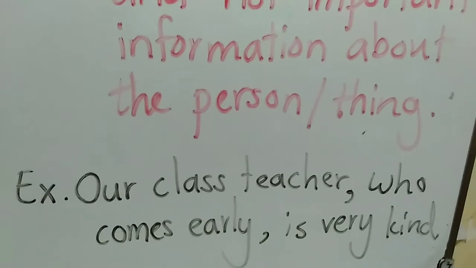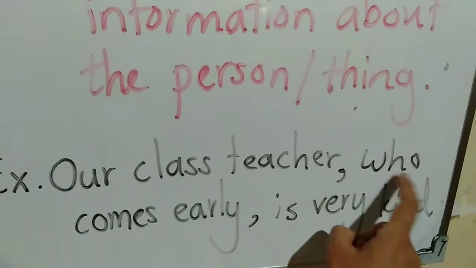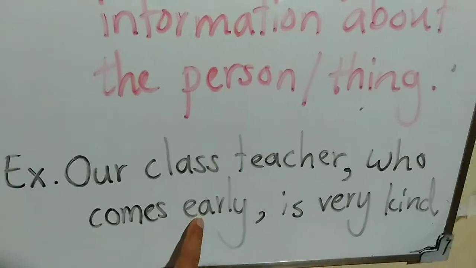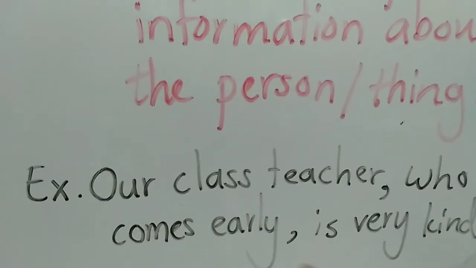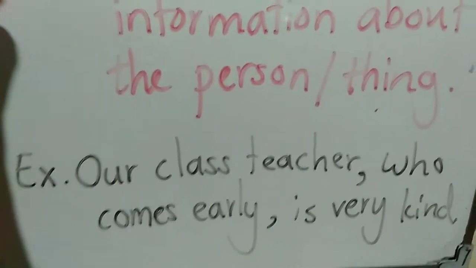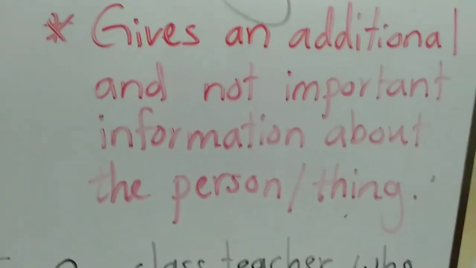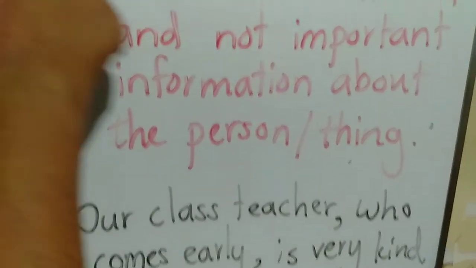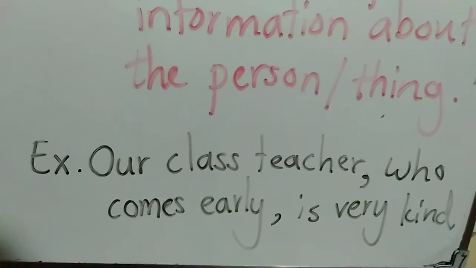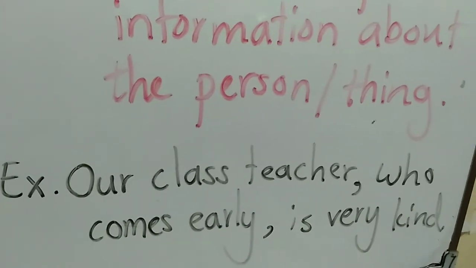We can say our class teacher is very kind. This relative clause is not very important for this sentence to be meaningful. Okay, now you understood, I think, what a non-defining relative clause is. Here it is very important to understand, in a non-defining relative clause, to put a comma in proper places. Our class teacher, comma, who comes early, comma, is very kind.